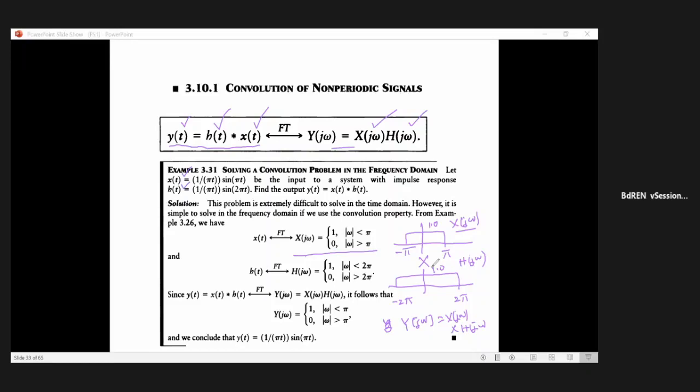Okay, try to verify it. If we multiply them, then you will get Y(jω) exactly equal to X(jω). So if Y(jω) equals X(jω), then we know y(t) would be equal to x(t).